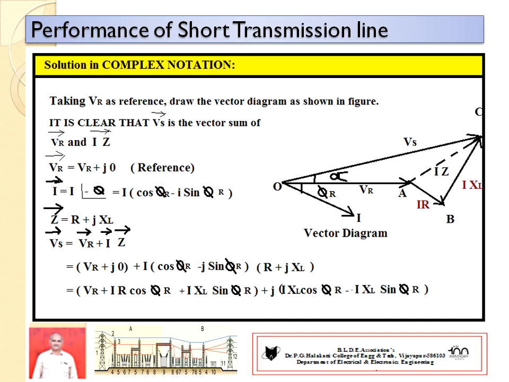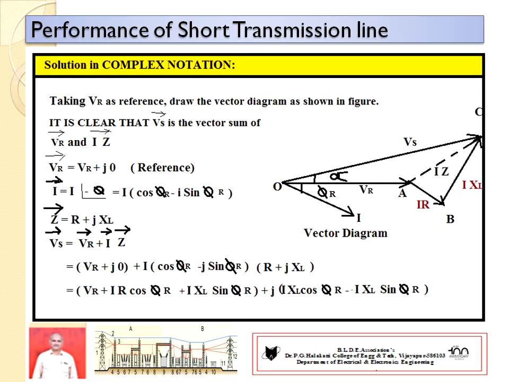We have to calculate Vs and phi s, and the starting point is Vr. Try to understand: in this diagram voltage Vr is taken as the reference vector, at 0. All calculations are with respect to this voltage vector.